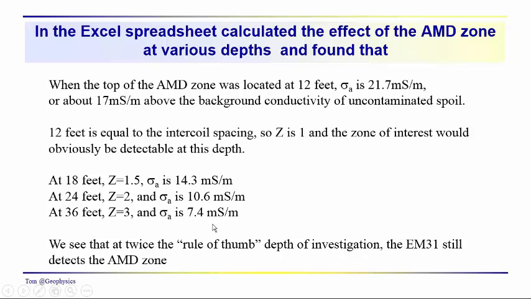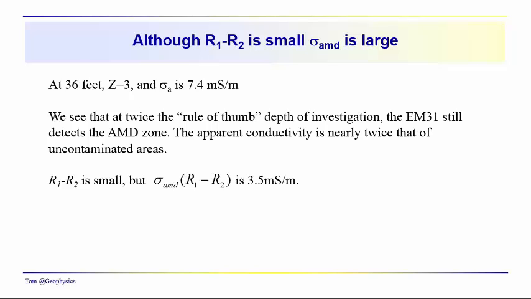So use rules of thumb cautiously. That's the takeaway on this. As we just said, the conductivity of the AMD zone being 100 here, even though this weighting factor is only 0.035, we get 3.5 millisiemens per meter. Again, almost twice that of the background conductivity in the uncontaminated areas.